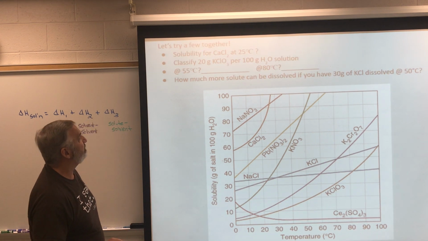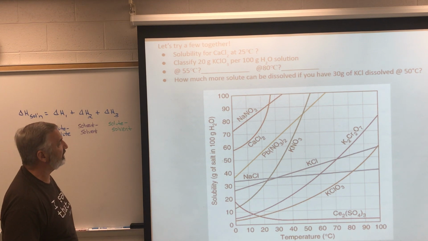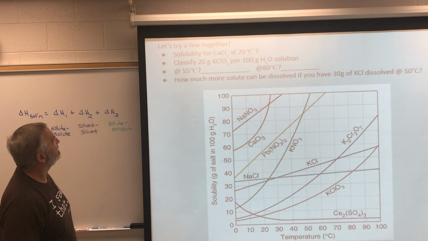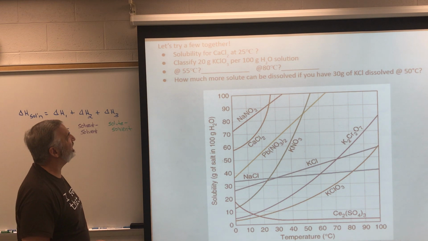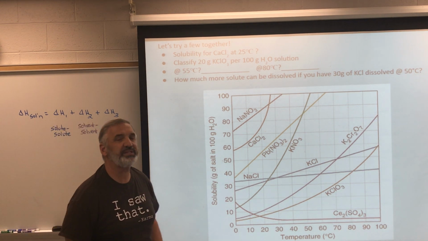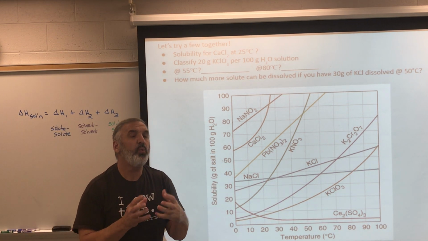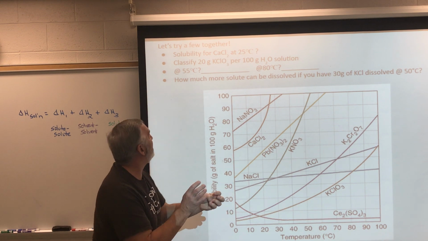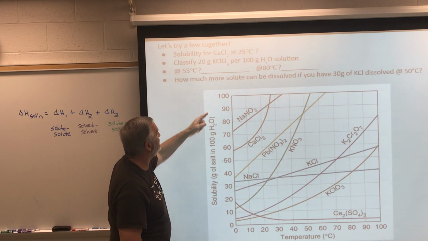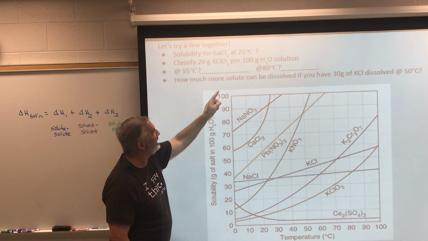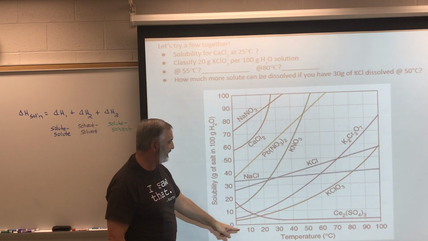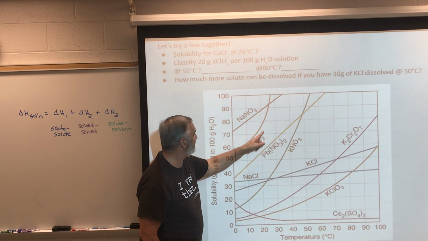So how do we read this chart? What is the solubility for CaCl2 at 25? When we say what's the solubility, that means what's the maximum amount of calcium chloride that I can put into 100 grams of water at 25 degrees. So I find 25 degrees, then I find calcium chloride.